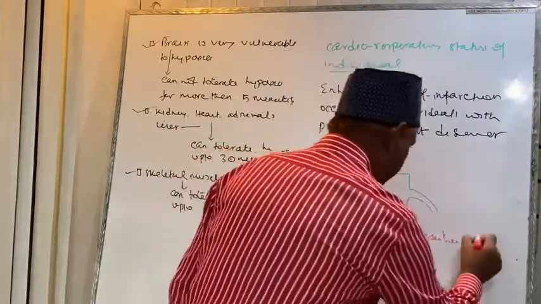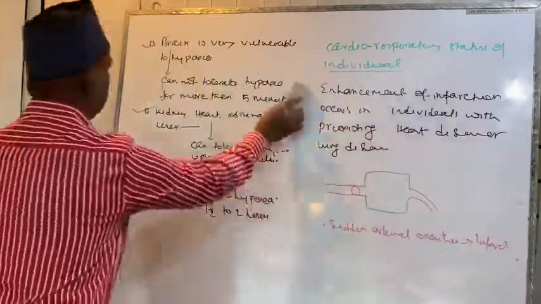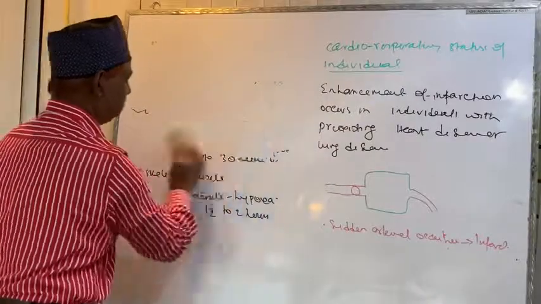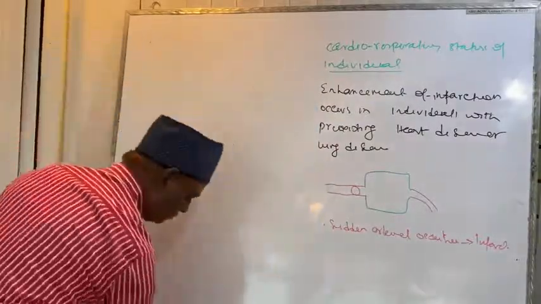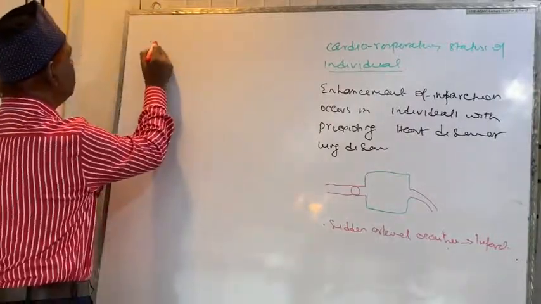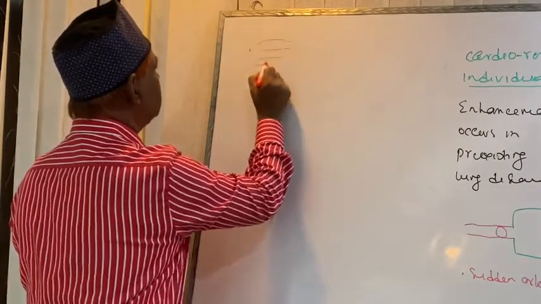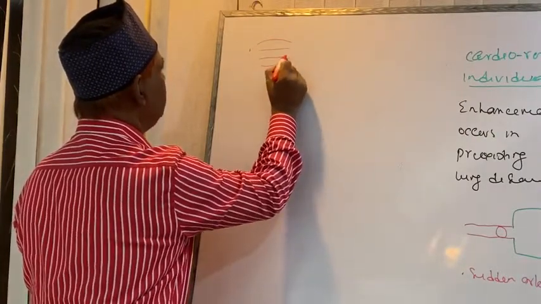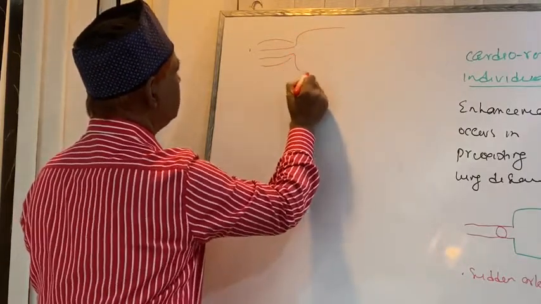Now come to the shape of an infarct. The shape of an infarct is wedge shaped. Come to one point, if this is the arteriole and if this is the tissue and if this is the venule.